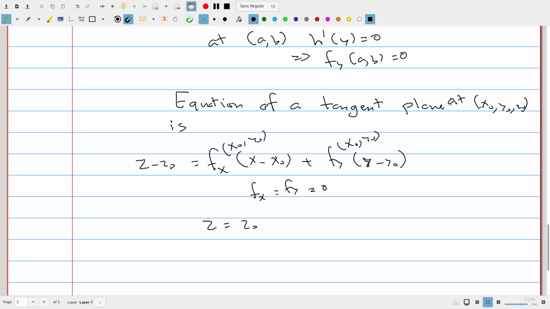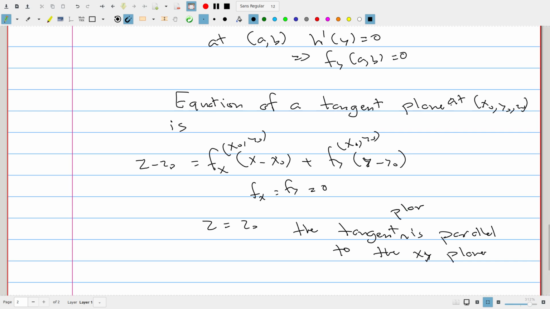This means that the tangent plane is parallel to the xy plane, right? We have a constant tangent plane that is parallel to the xy plane.